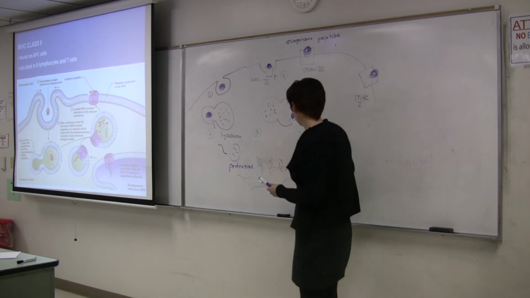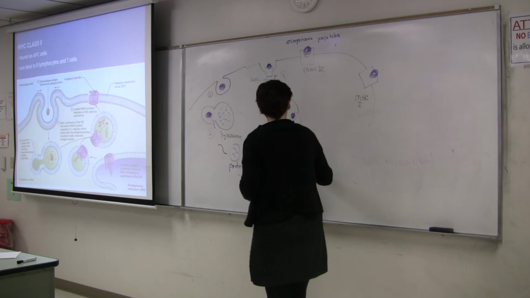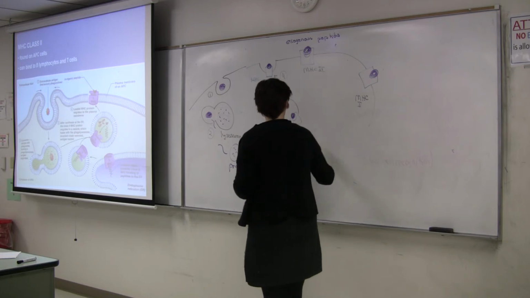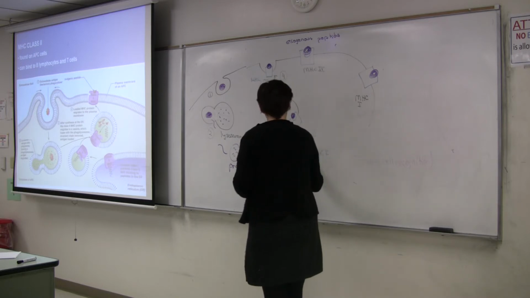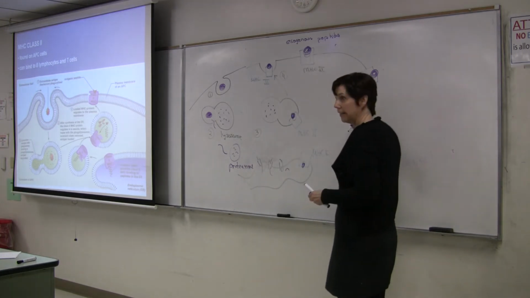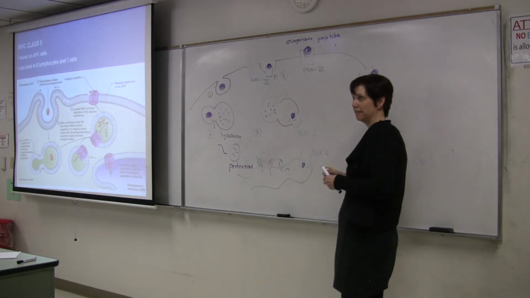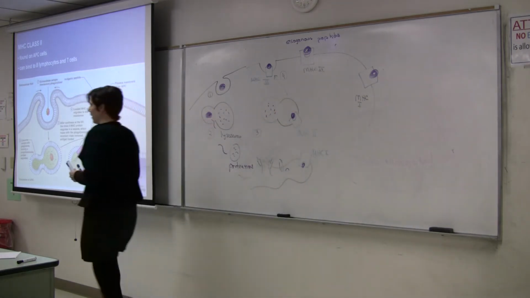The cell doesn't know the difference. And so they will bind to an MHC1 molecule and be inserted on the cell as if they were made by the cell. Okay? So it kind of tricks the cell.